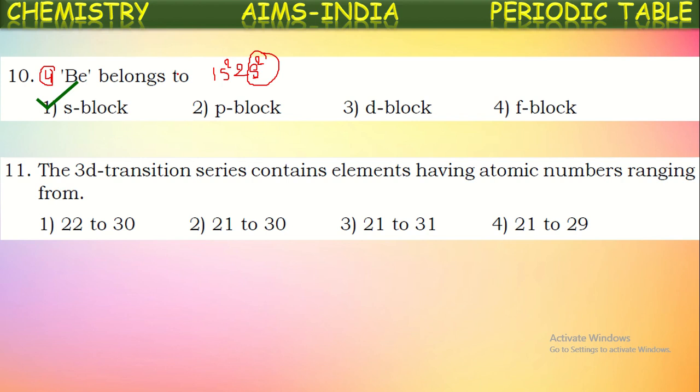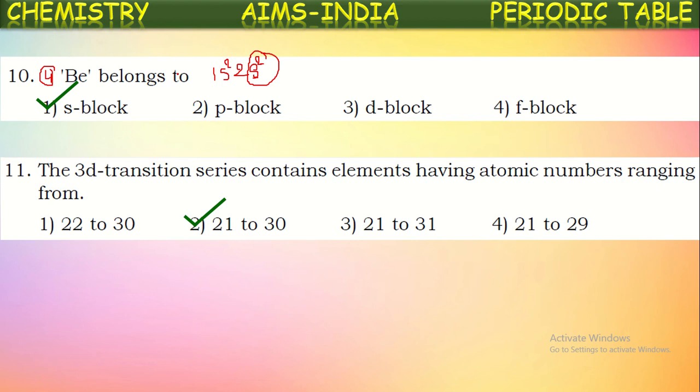That's why these are also called 3d transition series elements. Okay, the 3d transition series contains elements from scandium to zinc, that is, from atomic number 21 to atomic number 30. That is called the 3d transition series, and the next period contains the 4d transition series.